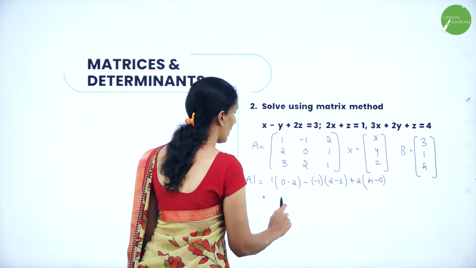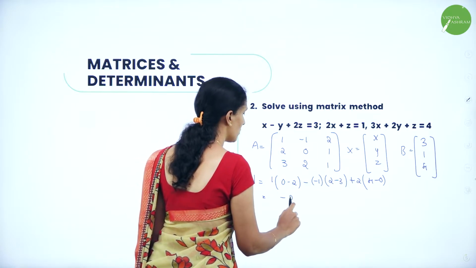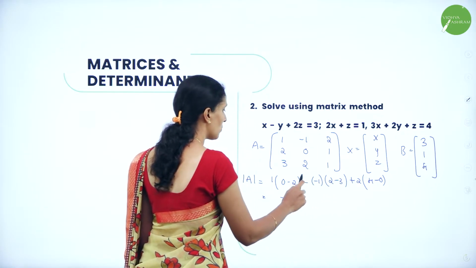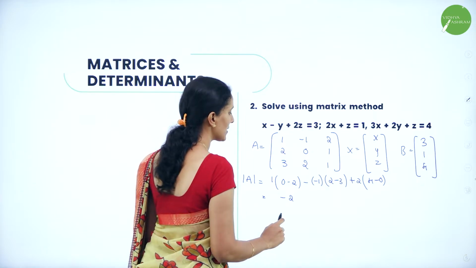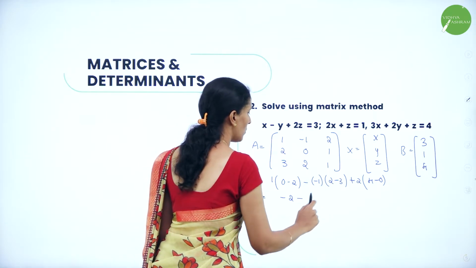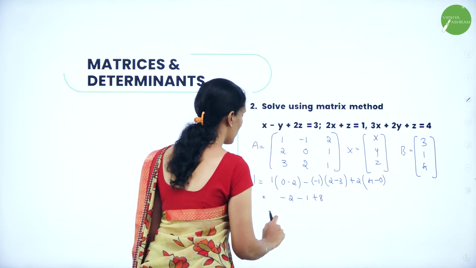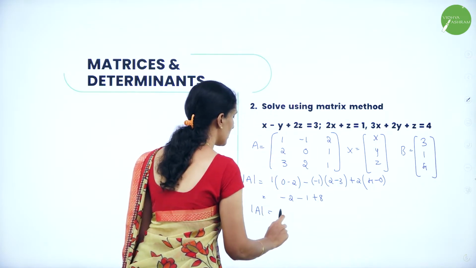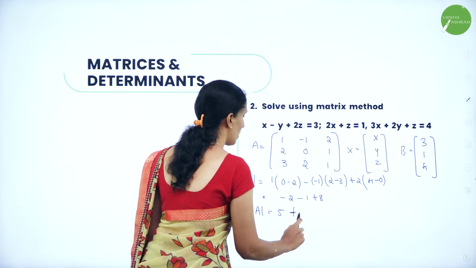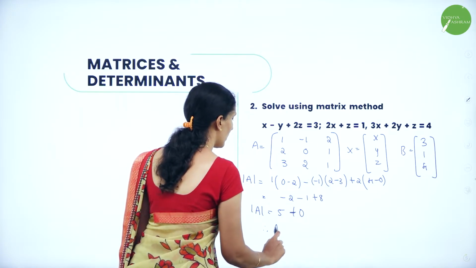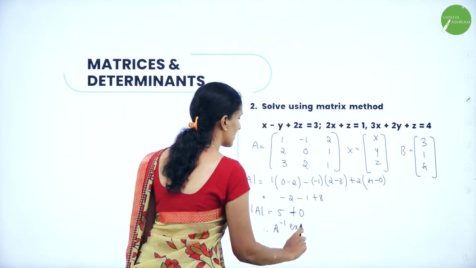So we have minus 2 into 1 minus 2, minus 1 minus 1, minus 3 minus, so it is minus again, 1. Next, 2 4s are 8. So you will get determinant A is equal to 5, which is not equal to 0. So therefore, A inverse exists.